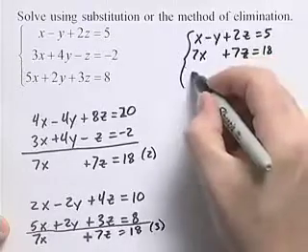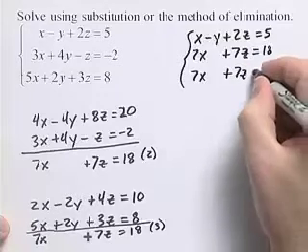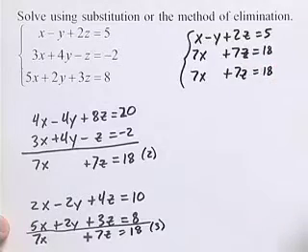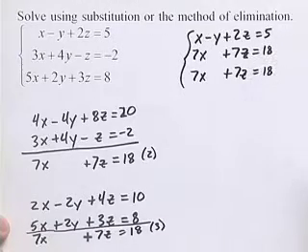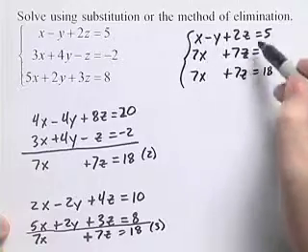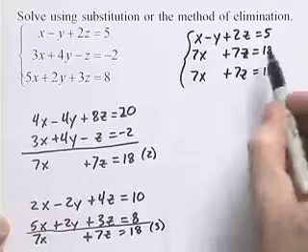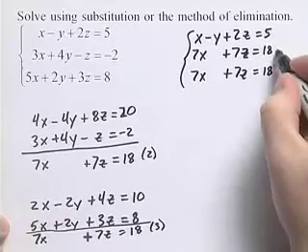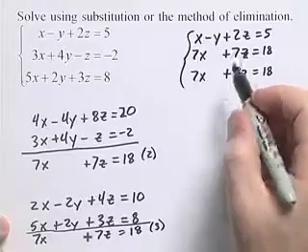And then our third equation is 7x plus 7z equals 18. At this point, we see these last two equations are identical, so we have a redundant equation. Because we have three equations and three unknowns, but one of these equations is redundant, it's really like we only have these two equations and three unknowns. So our system will have an infinite number of solutions.